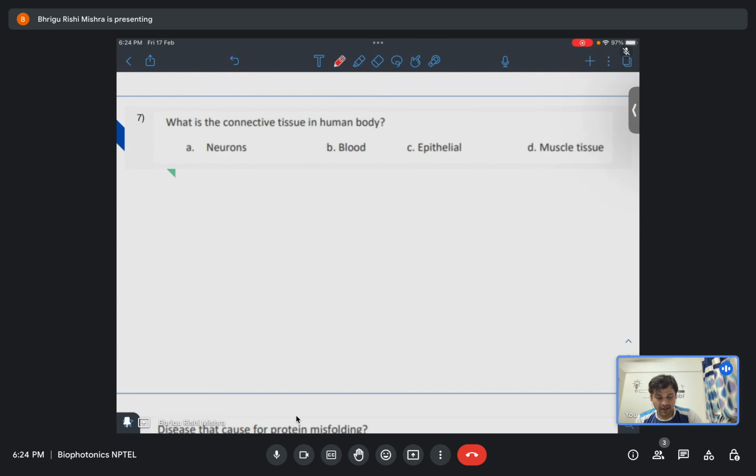So what is the connective tissue in the human body? It is of course blood, because the other three are not connective tissues. So what is connective tissue?